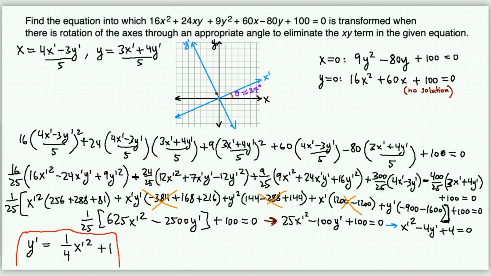So basically, it should pass the y-axis 2 times, because we're talking about two solutions for y when x is equal to 0. So there should be two solutions.